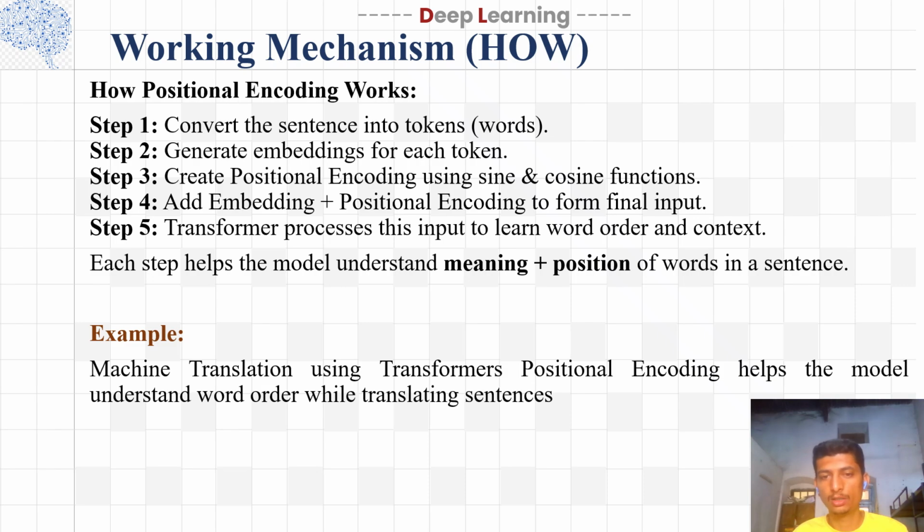If the same word occurs 2 times, it interprets the meaning of each in the correct way. There is one example: machine translation using transformers. Positional encoding helps the model understand word order while translating a sequence.